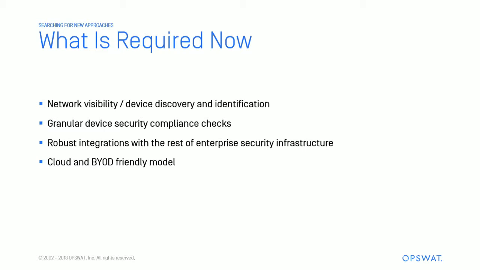A need for granular security checks for devices, inspection of each device. You need integrations with the rest of the security infrastructure, especially identity and access management. And the whole solution needs to be built for the cloud and friendly to this proliferation of different devices.